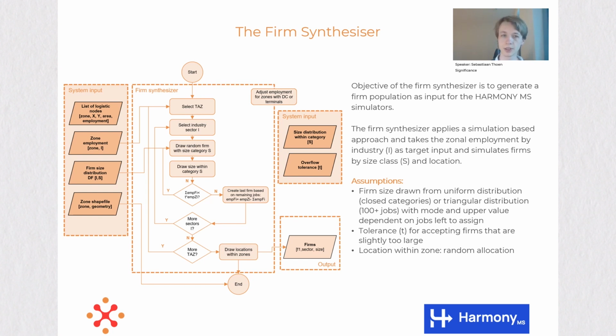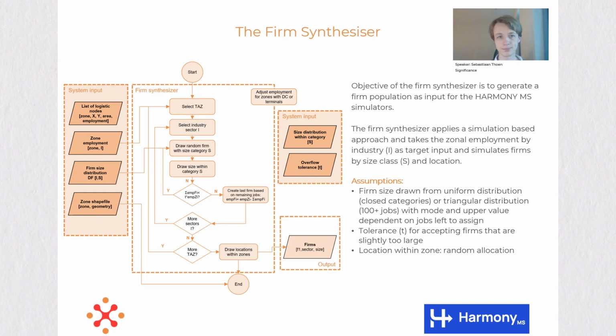So instead of just modeling flows between zones, you actually have a firm deciding on, for example, a shipment size for one of their shipments. And also an advantage of having this module is that you can have a firm population for a forecast here. So if you have a forecast employment for the zones in your model, then this allows you to also have a firm population for the future year.